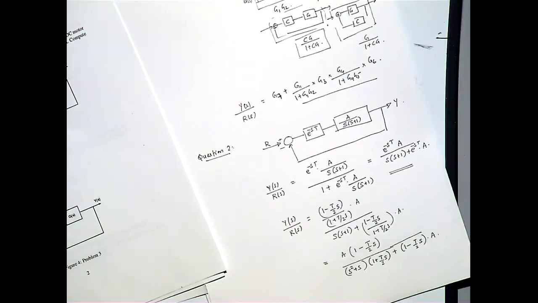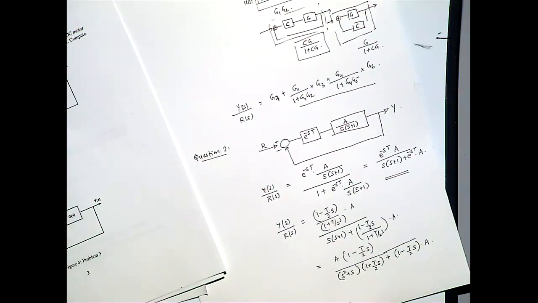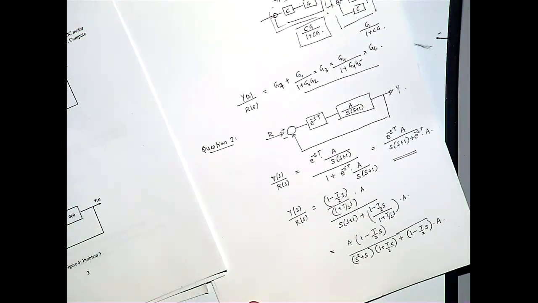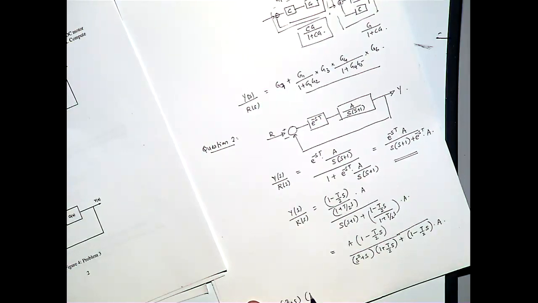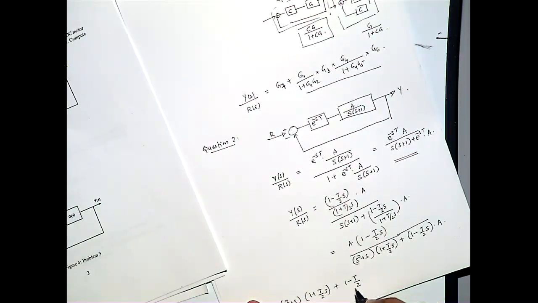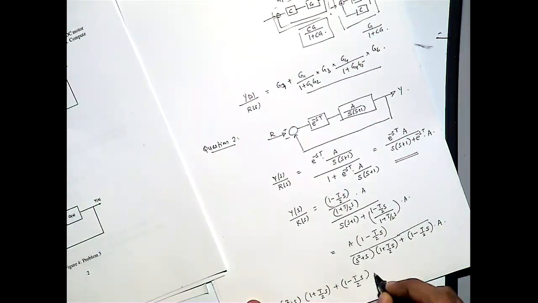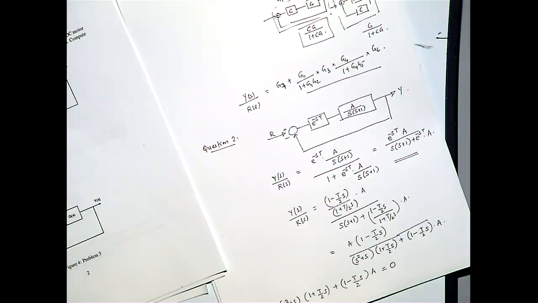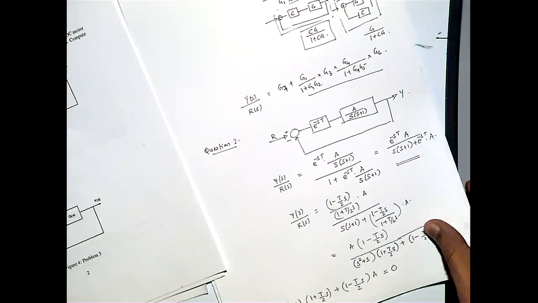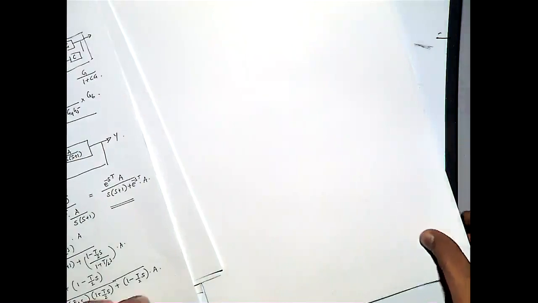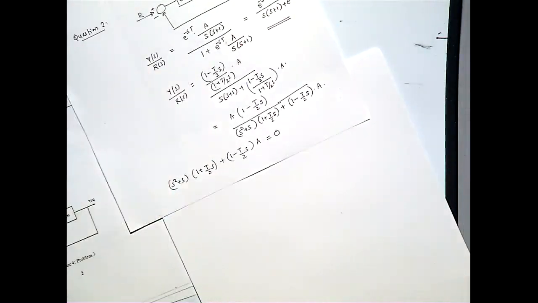And the characteristic equation is the denominator of your transfer function model, which is given by s square plus s times (1 plus T/2 s) plus (1 minus T/2 s) times A equal to 0. Let's simplify the equation a little bit more.